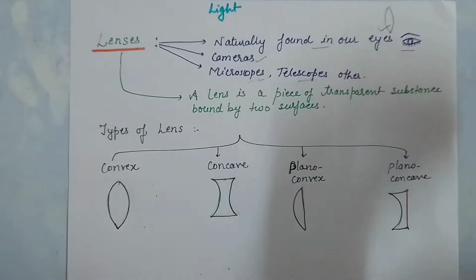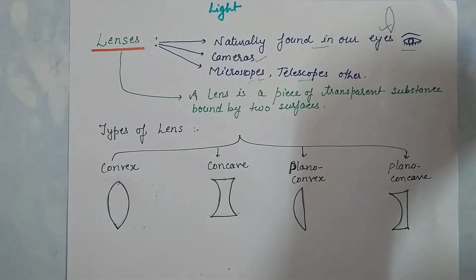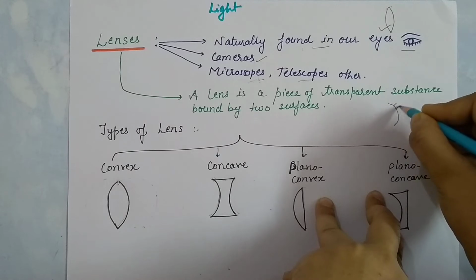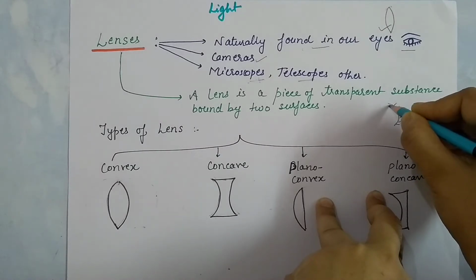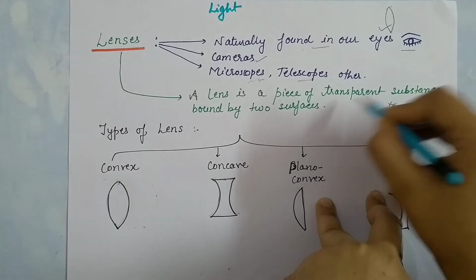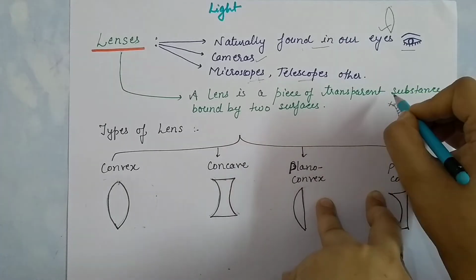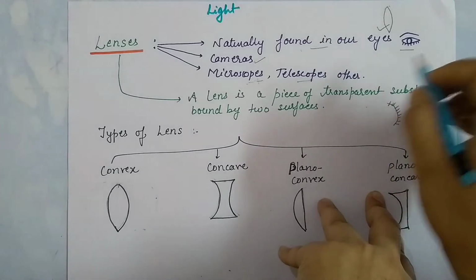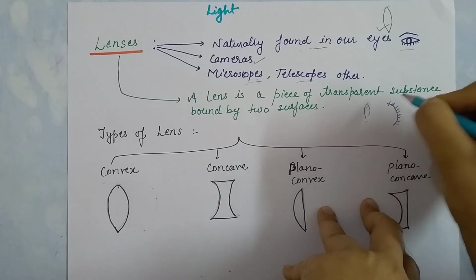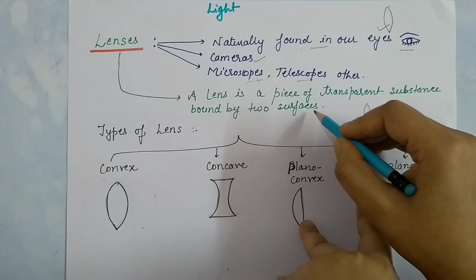So basically, what is this lens? A lens is a simple piece of transparent substance. In the mirror that you studied, one part is coated to make it reflective, but a lens is never coated. There is no coating at all, it is just a transparent substance bounded by two surfaces.